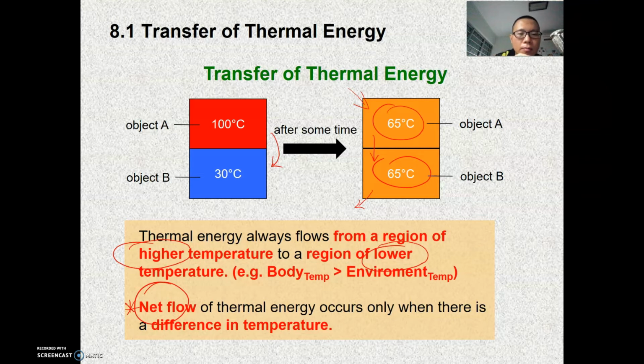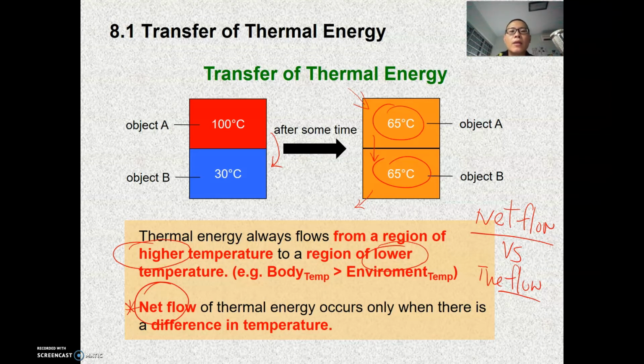But please take note, the word that we are using is net flow. It's not the flow. Net flow versus the flow. Net flow means there are multiple flows, multiple transfers. It's just that the input and output are balanced. That's what I mean by net flow.